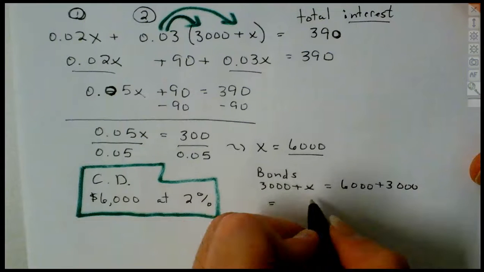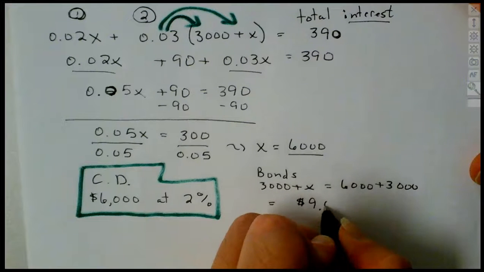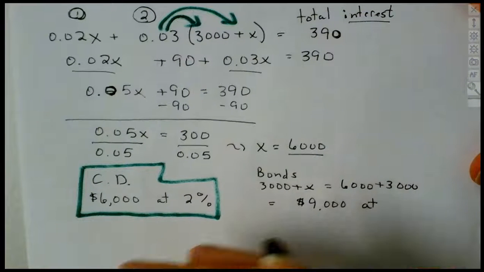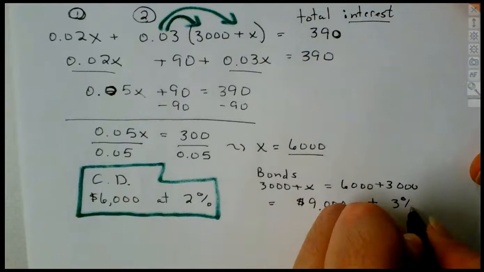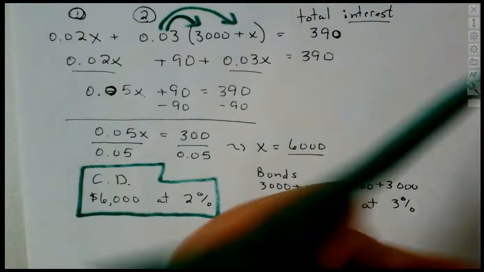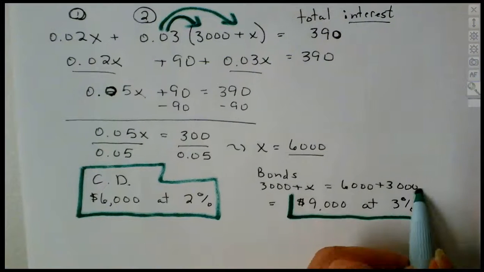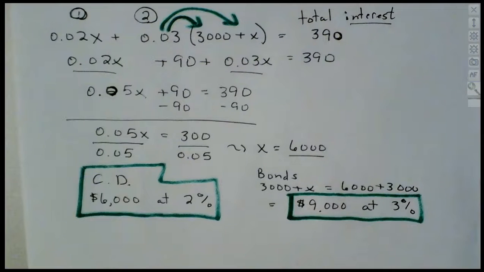So that gives you a total now of $9,000. And that's $9,000 at that 3%. So those are the bonds. You've got $9,000 in bonds, and they pay out 3%.